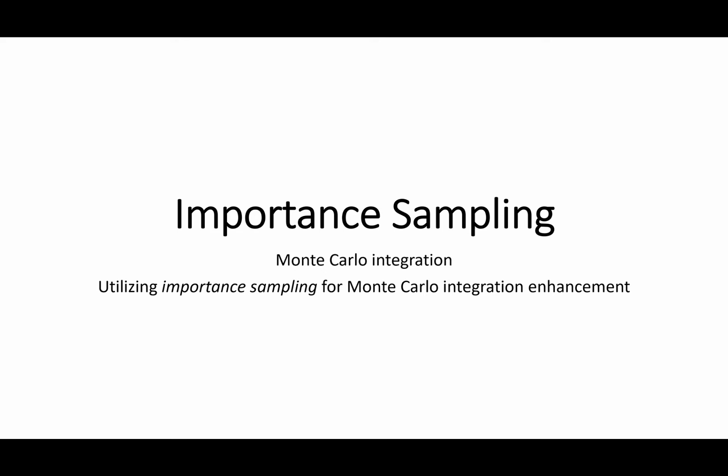And we will see that the word sampling is maybe a little bit confusing, as importance sampling is not yet another way to obtain samples from some specific distribution, such as inverse transform sampling or rejection sampling, but it's basically an enhancement for Monte Carlo integration, which is a very cool topic of its own, and in this video we will get to what it actually is.